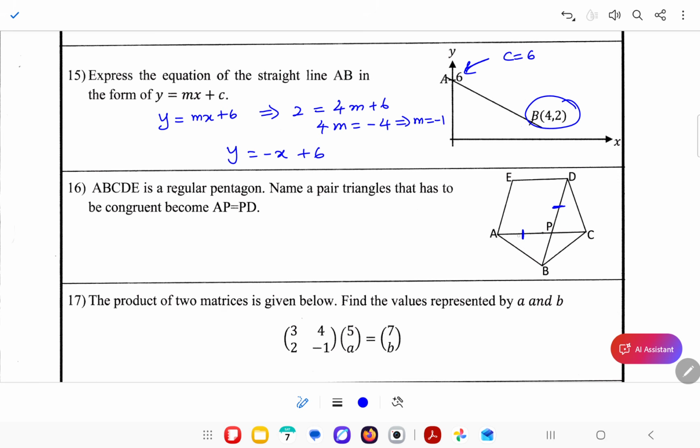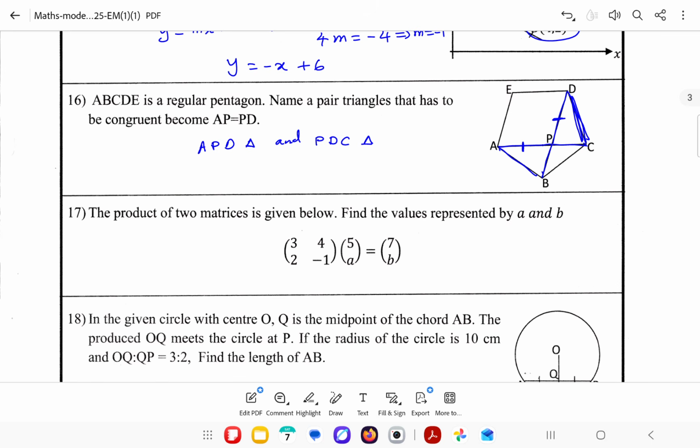So these two, we can make APB and PDC to be congruent, right? If they are congruent, AP has to be equal to PD. So APB triangle and PDC triangle, those are the two triangles we need to make congruent. Then AP equals PD. Right.